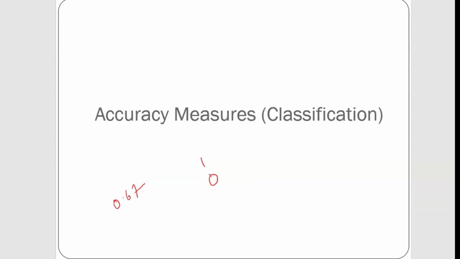Now, we do not know whether this record will be class 1 or class 0. For that, we come up with a cutoff value. Our cutoff value usually is 0.5. So any record above 0.5 will be classified as belonging to class 1, and any record below 0.5 will be classified as belonging to class 0.